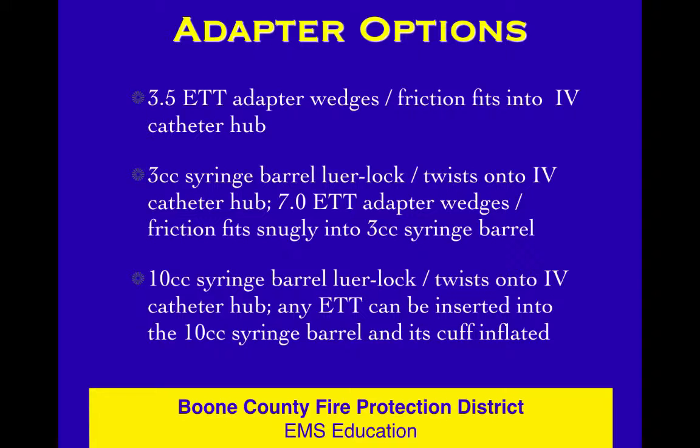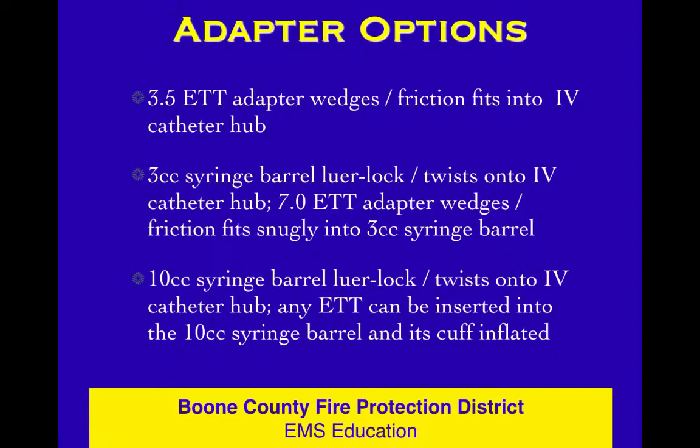The second one is really the one that I like better. I take the barrel from a 3cc syringe, so you pull the plunger out and throw it, and take just the barrel and luer lock, twist lock that onto that IV catheter. So now it's not coming loose. It's not friction fit, it's luer locked on. And then I take the 7.0 ET tube, pull the adapter off of it, toss the tube, and use the adapter to wedge into that 3cc barrel. And I'm telling you, if you wedge that thing in there, it's not coming out.